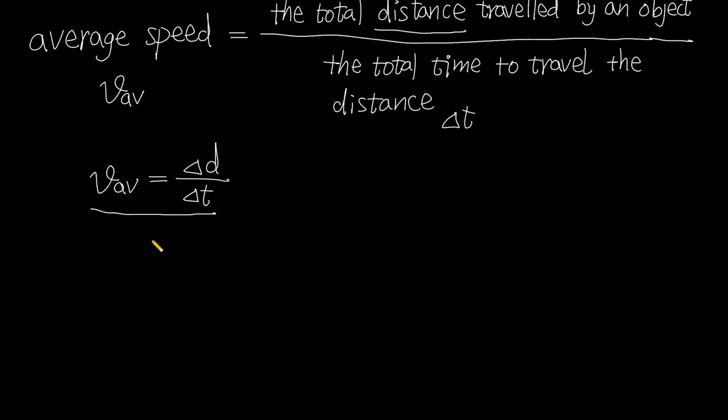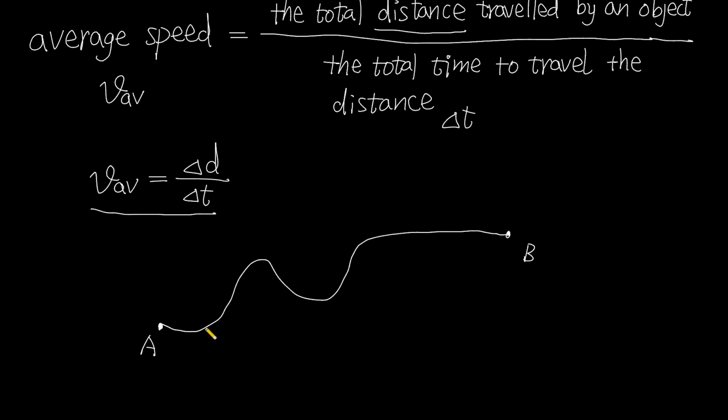So let's see an example. For example, here is point A, and here is point B. There is a road between point A and point B, and a car travels from point A to point B along this road, and its time span is delta t.